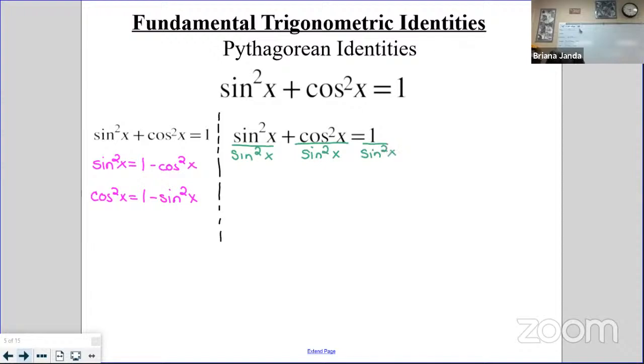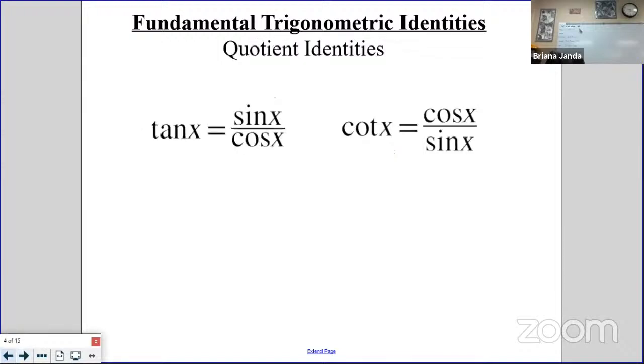okay, look at the resulting equation. The resulting equation would be our second Pythagorean identity that you would see. First of all, sine squared over sine squared is 1, okay? This is a very important thing for us to talk about. Cosine squared over sine squared. We just saw on the last page, cosine over sine, right?